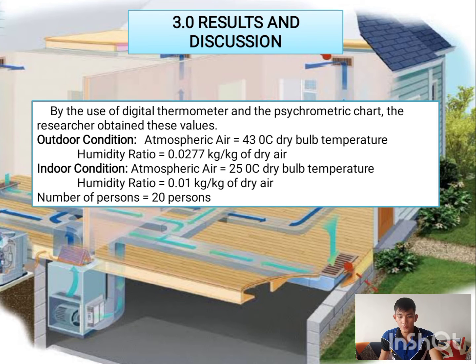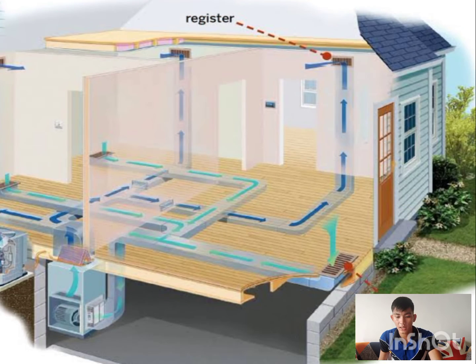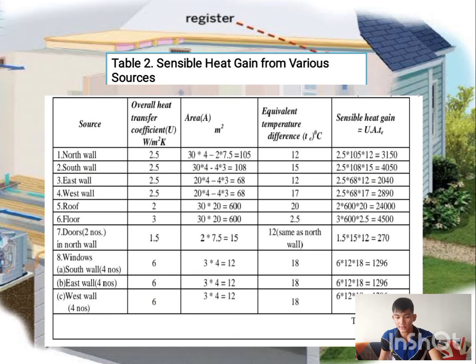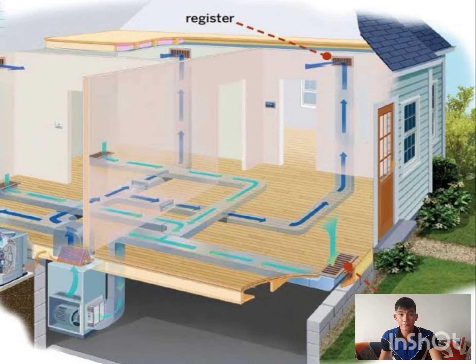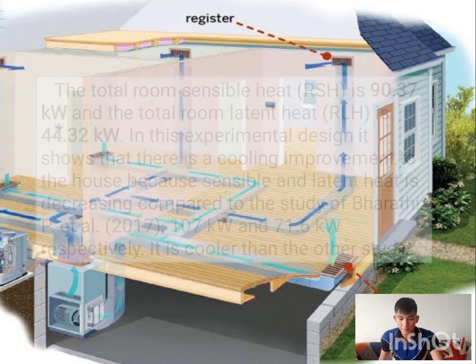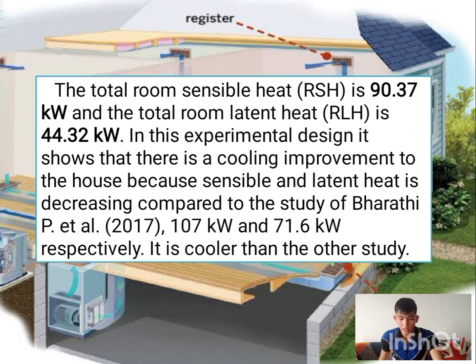So now let's proceed to the table of various sensible heat gain sources. As you can see in this table, this is the sensible heat gain from the various sources. So from the calculations, we got the total room sensible and latent heat.